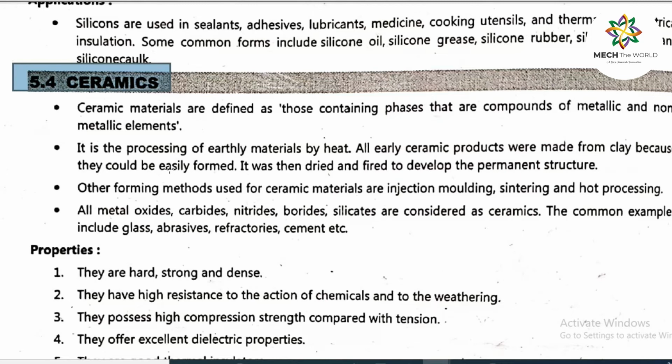Then we will make a clay by adding some adhesive elements to that powder, and that clay can be molded into the required shape to make the objects or components.